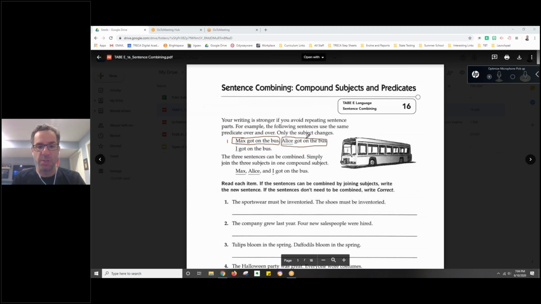Sentence two is Alice. That's the other subject. Sentence three is I. So I is the subject. When you run across a sentence like this, you can just combine them into one, and it makes it flow a lot easier. So Max, Alice, and I got on the bus. And that's now one compound subject.